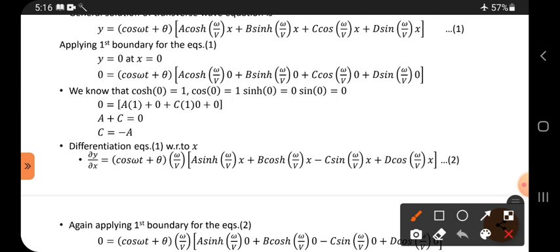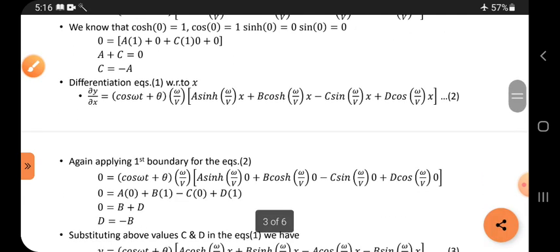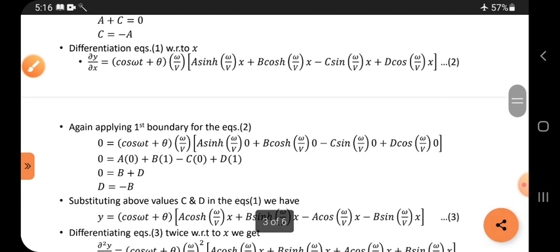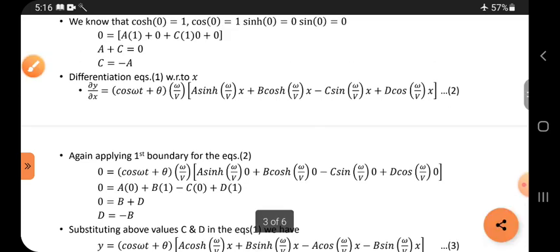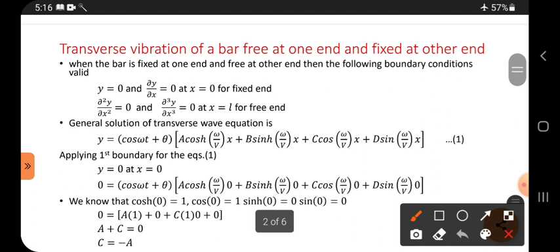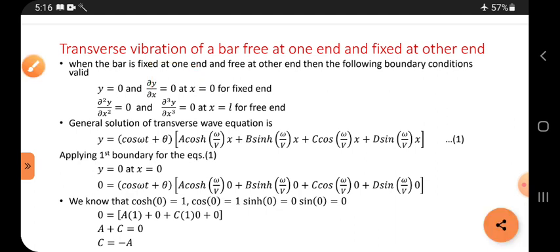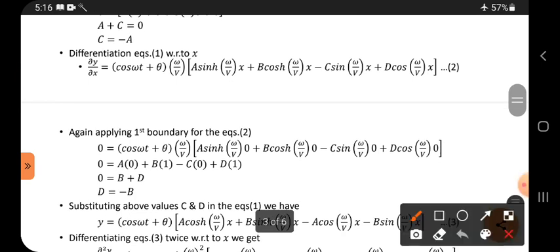Now apply the boundary condition. In the first boundary condition, the second formula is dou y by dou x equals 0 at x equals 0. Wherever we have the x value, it is 0.